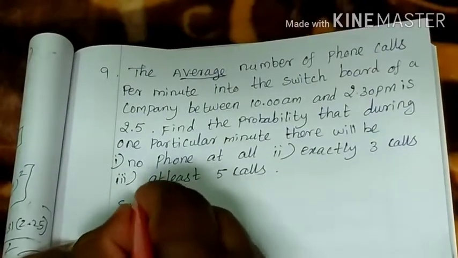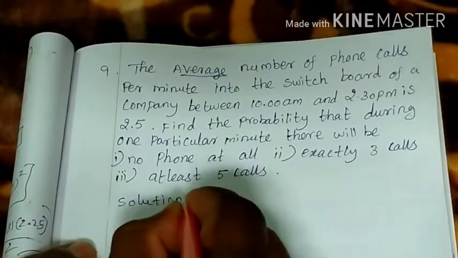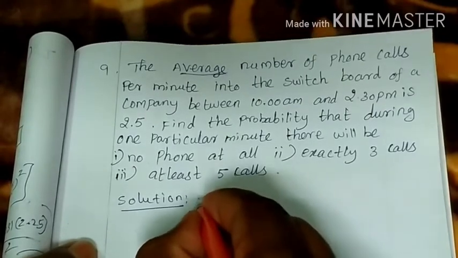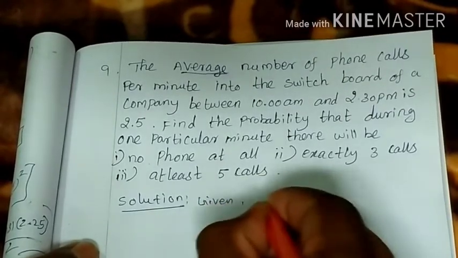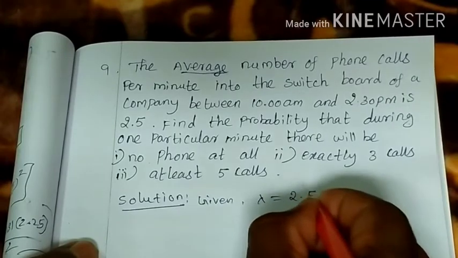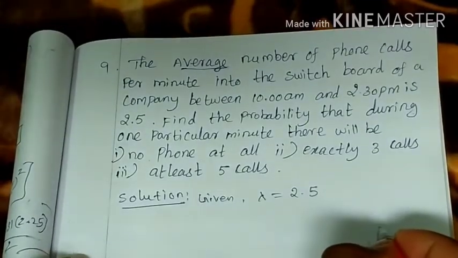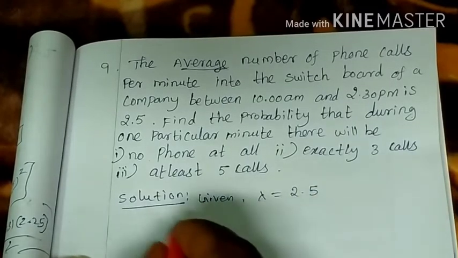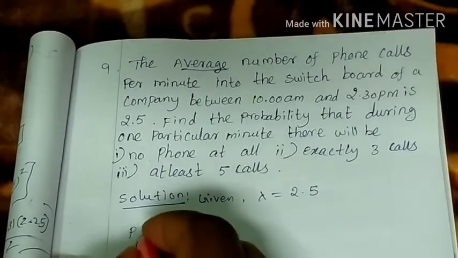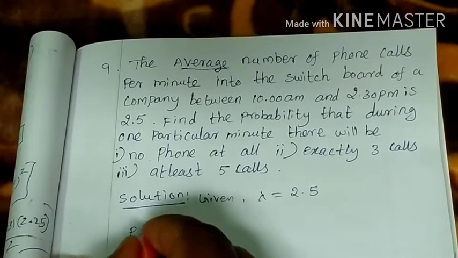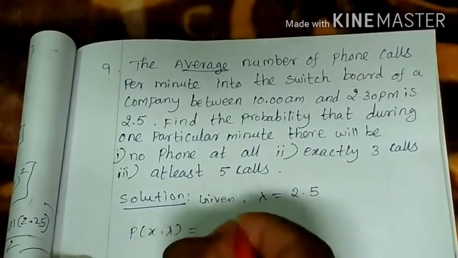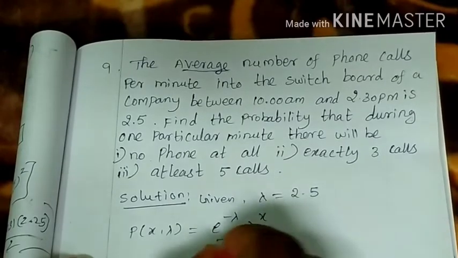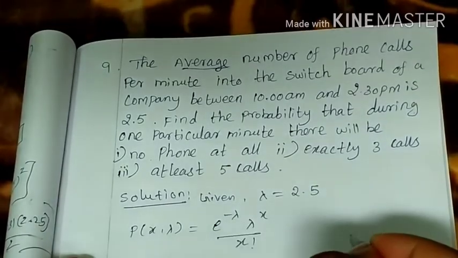The solution: the average is given. That means lambda is given. Lambda is equal to 2.5. In the particular duration, we get the mean value 2.5. Then the Poisson distribution is P of x comma lambda equal to e power minus lambda, lambda power x divided by x factorial.